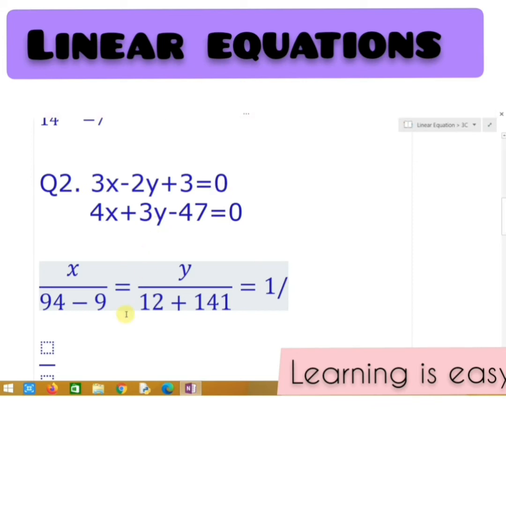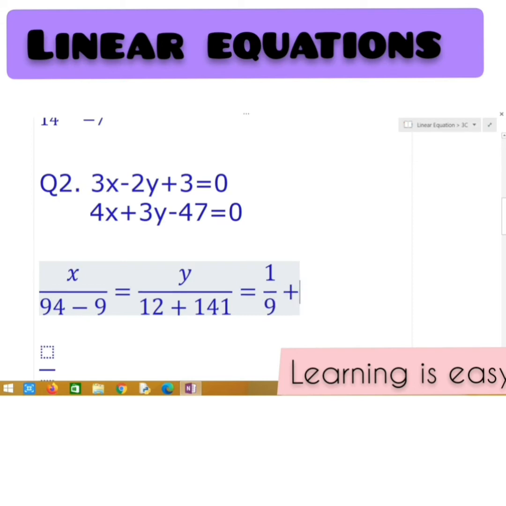So that's 3 3s are 9 and 2 4s are 8. So 9 minus of minus 8 becomes plus 8. So now by equating the x value to the constant, we can get the value of x, and the y value to the constant, we can get the value of y.